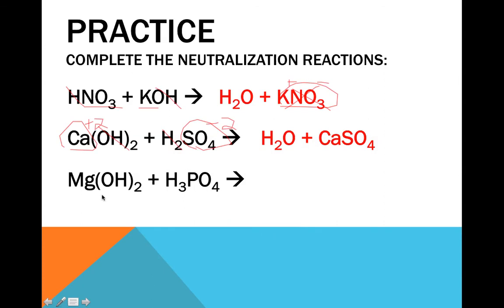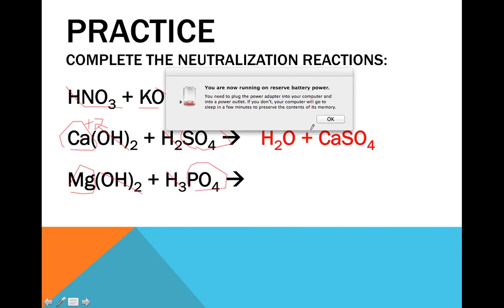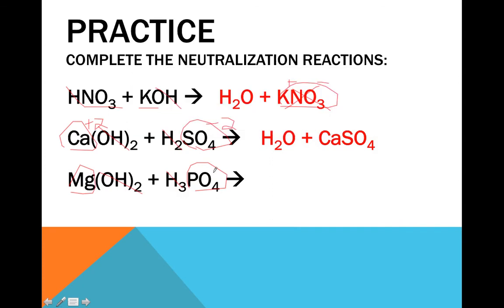Okay? Then lastly, number 3. Again, the OH and the H are going to combine to make water, so we can cancel those out. And then we have Mg left, and then we have PO4 phosphate left. Okay? PO4 is minus 3, and Mg is plus 2.